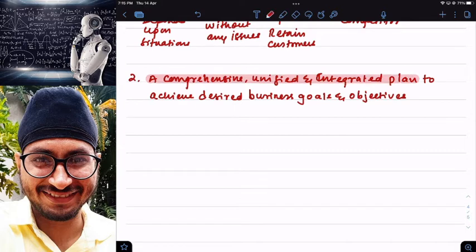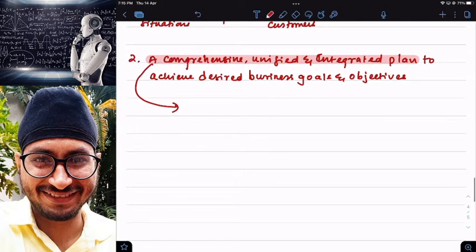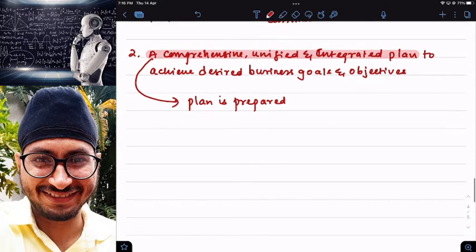It means whenever I'm preparing a plan, the plan is prepared by taking into consideration the complete organization.